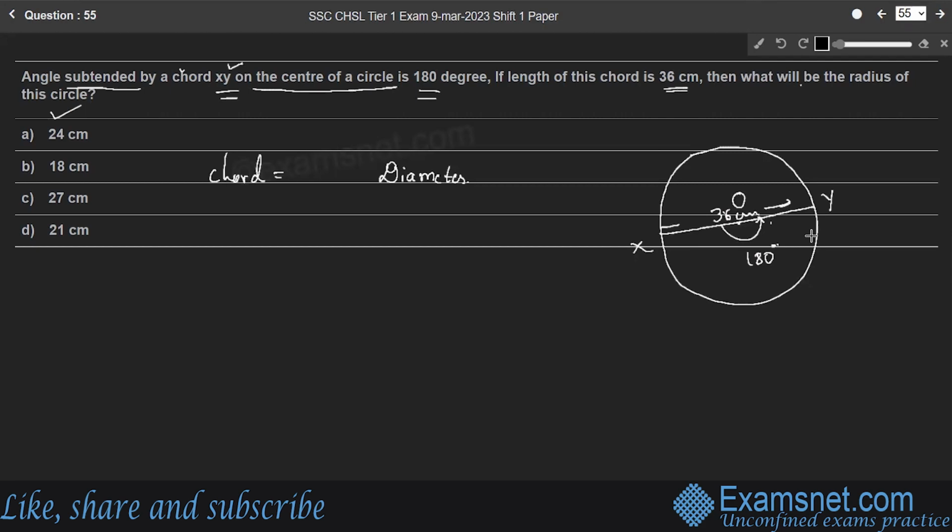Therefore, XY is equal to the diameter, and its measure is 36 centimeters. Here the question is, what will be the radius of this circle? Since radius is half of the diameter, d by 2, therefore 36 by 2, 18 centimeters is the radius of the circle. Therefore, option B is the right answer.